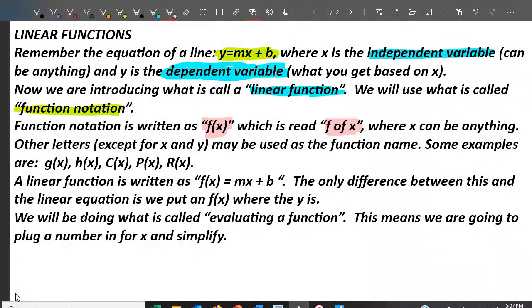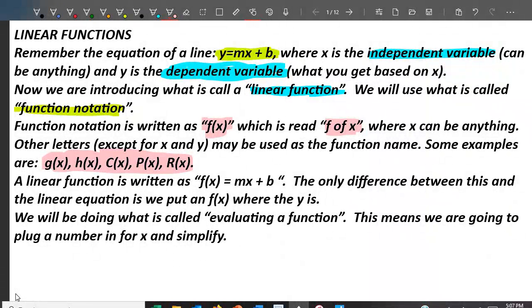Other letters can be used except x and y. Here are the most common ones. Also, it doesn't have to necessarily be an x. It could be a p or a q or anything inside the parentheses, but the letter on the outside can't match what's on the inside.